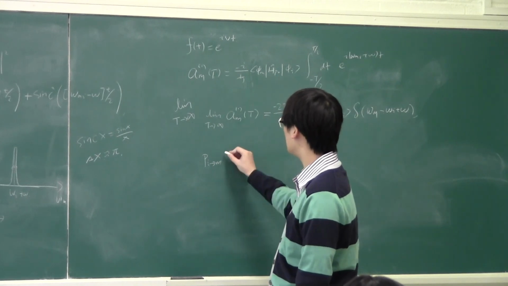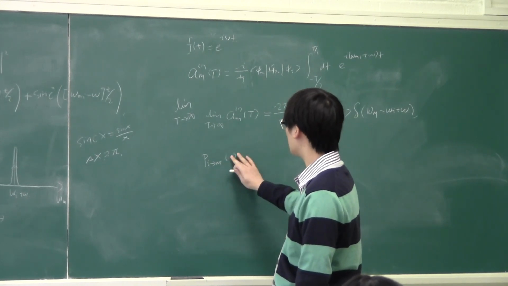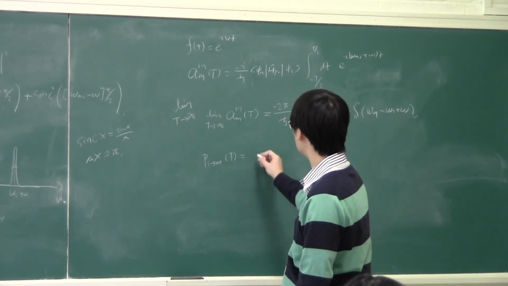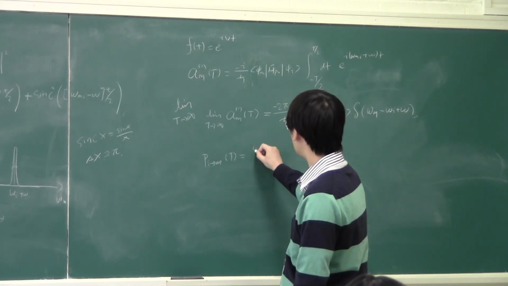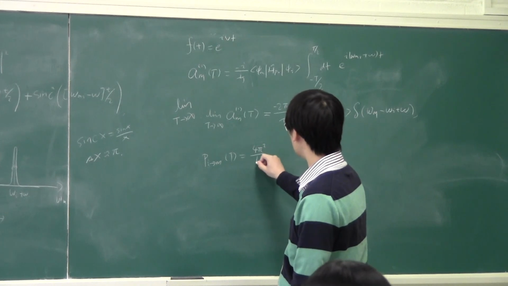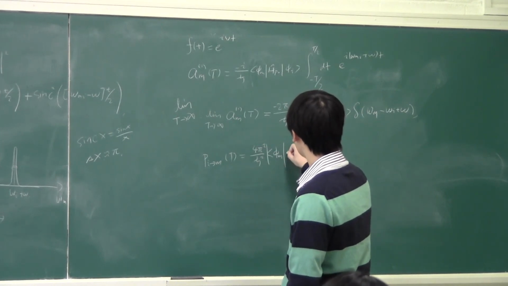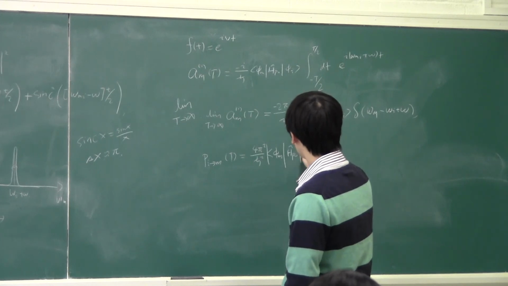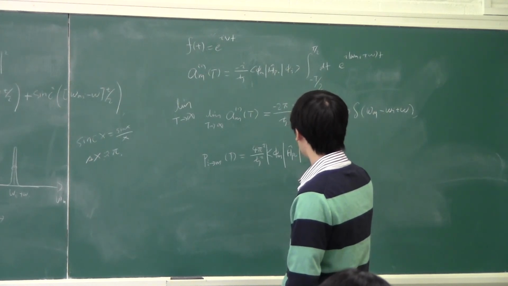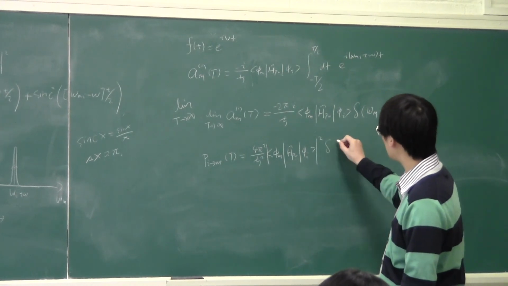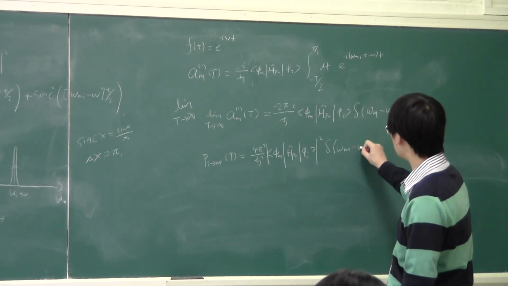The probability for the i to m transition is equal to 4 pi squared over h bar squared times the matrix element squared, and then we have two copies of the same delta function.